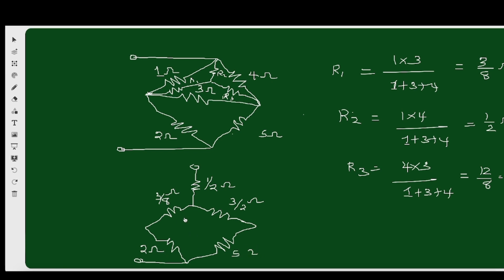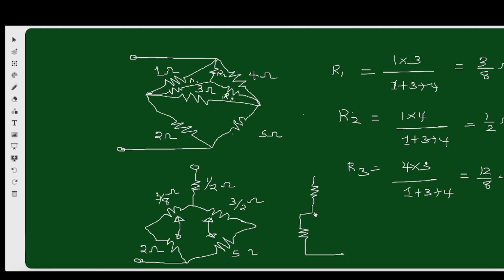Now you can see that these two resistors are in series. These two resistors too are in series, so you can now combine them together. The combination of these two will then be in parallel. So let us do that. We have 1/2 ohms here. When we combine these two in series, we have 2 plus 3/8, that is 19/8.